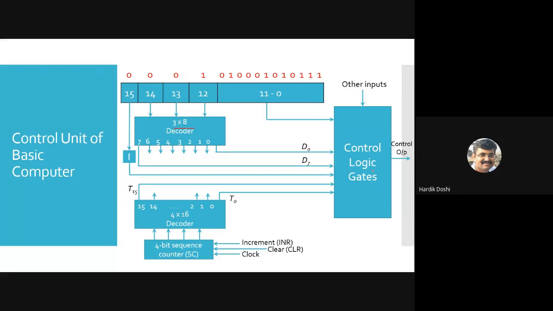How will you decide the instruction? First of all, convert this binary to hexadecimal code. What is the hexadecimal code for this binary number in front of you?